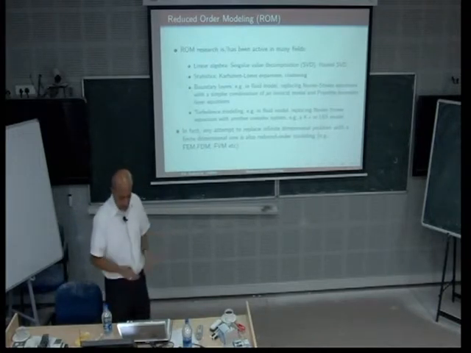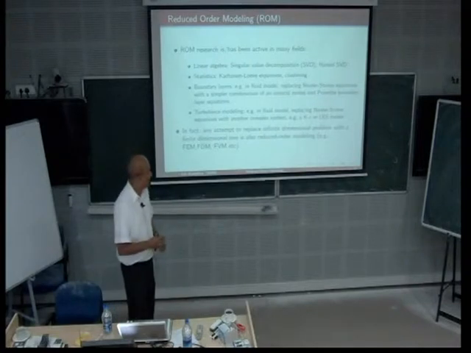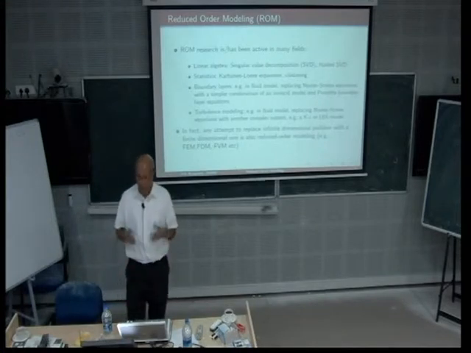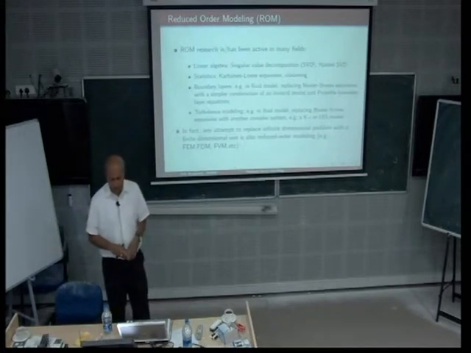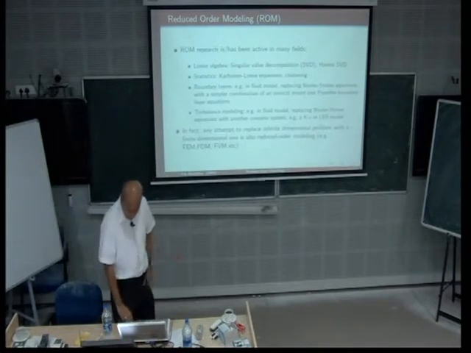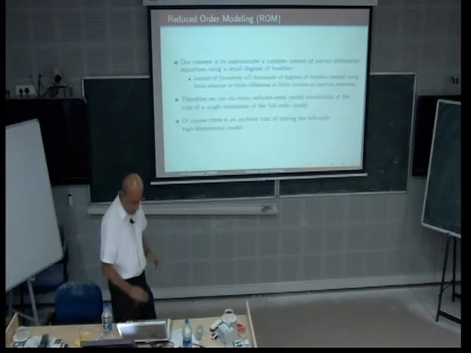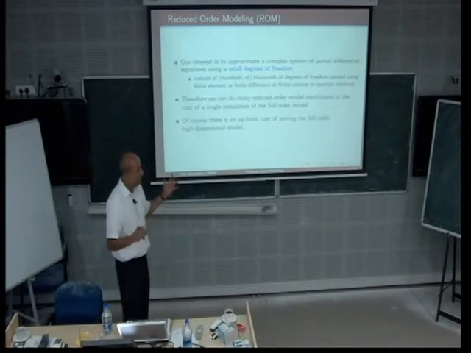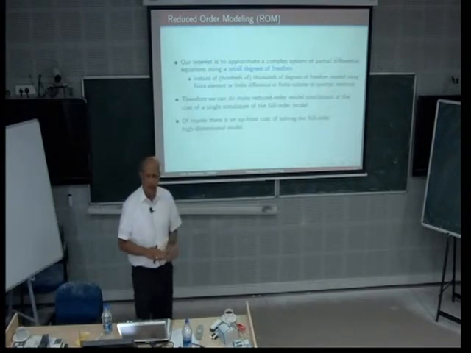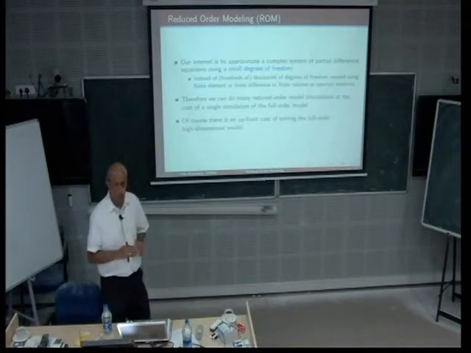In fact, as somebody pointed out yesterday, any attempt to approximate the Navier-Stokes equation using numerical methods like finite element, finite difference, or finite volume are all reduced order models. You get reduced order models with respect to some parameters, but here we are not interested in those types of reduced order models. They don't really give you the reduction that you want.